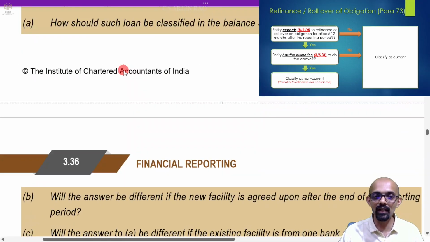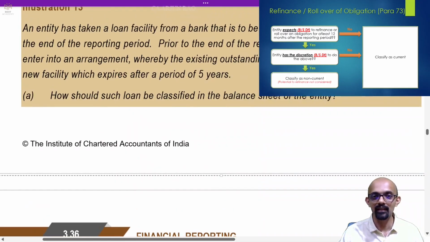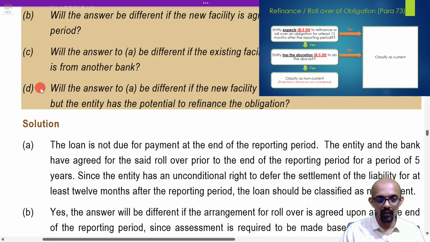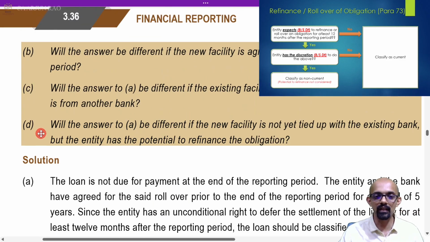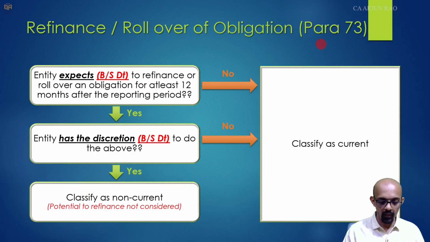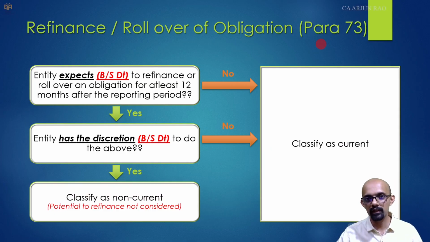So, how will you classify this existing liability? That will still be current only because it is repayable within 9 months. Answer will be the same for the next subdivision also. New facility is not yet tied up with the existing bank. Entity has the potential to refinance the obligation. So, this is a very important provision that has come many times, right, in the past exams.